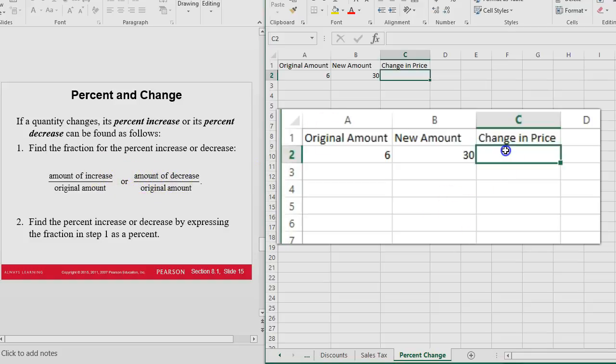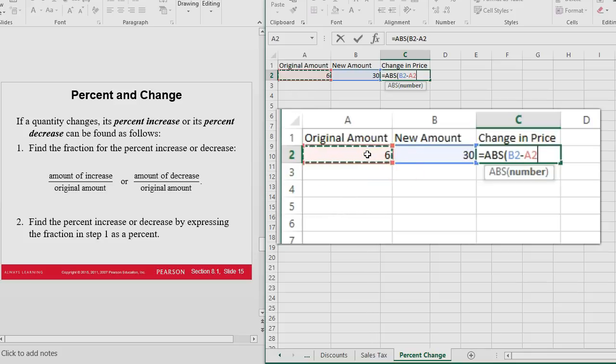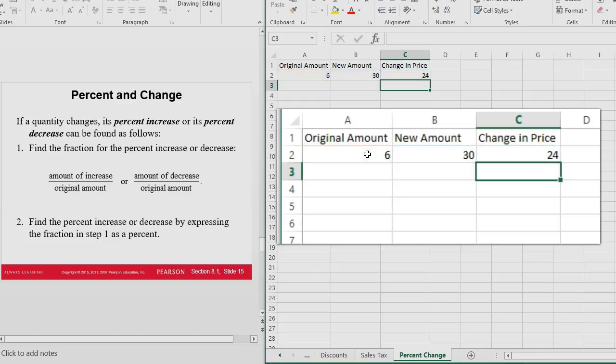Okay, so we're going to type in equals the change in price. We're going to use ABS for absolute value, and we're going to subtract new amount minus the original amount. Okay, and close that off. That's the change in the price.